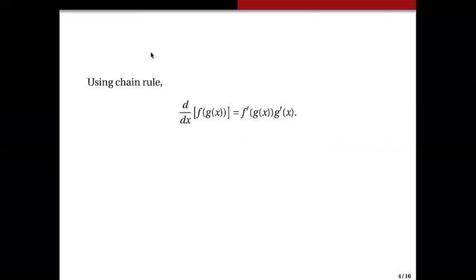So what we're going to do is integrate both sides of the equation with respect to x. The integral of f prime of g of x times g prime of x dx is the same as integrating the derivative of f of g of x with respect to x.